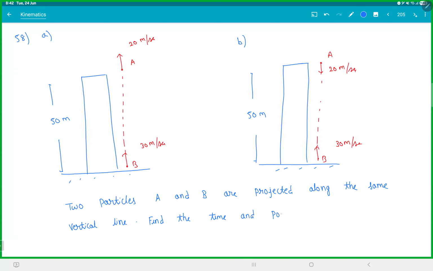Find the time and the position where they collide. Let's get them. 2 questions, 2 cases.